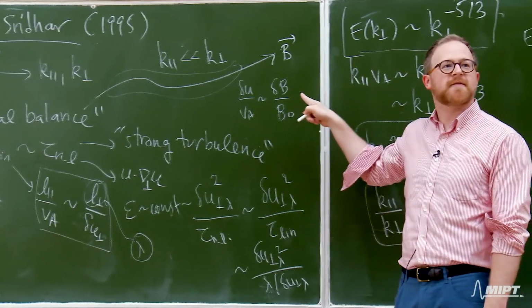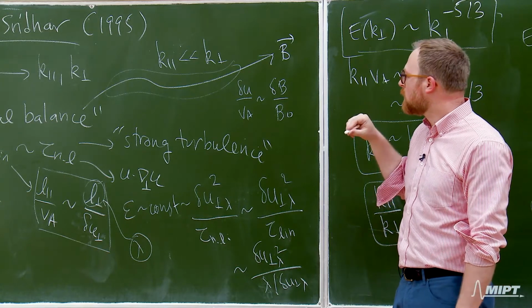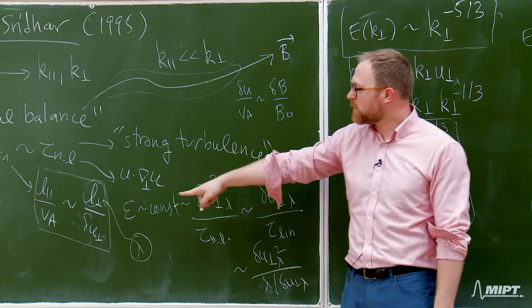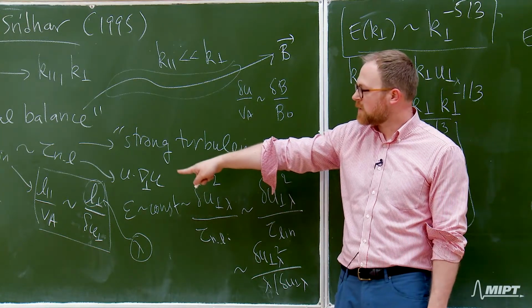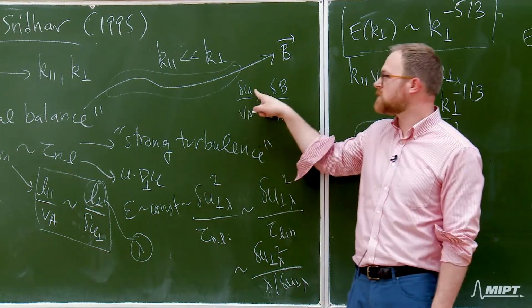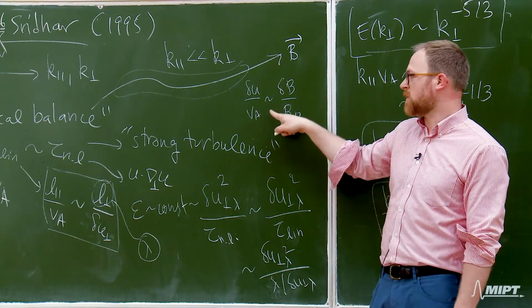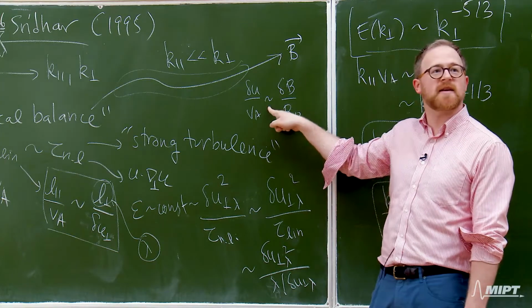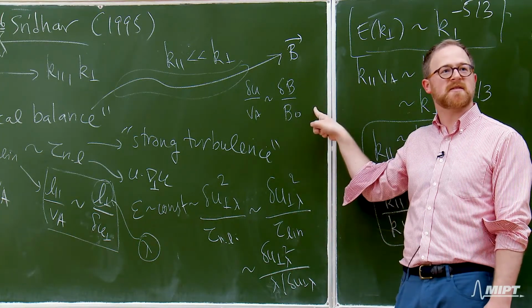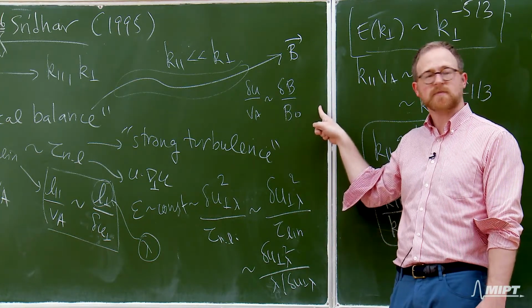That's like an eigenvector for an Alfvén wave. So this critical balance here is relating the anisotropy of the fluctuations to the fluctuation amplitudes. And because the fluctuations are Alfvénic, it's saying something about the size of the perturbations of the field.